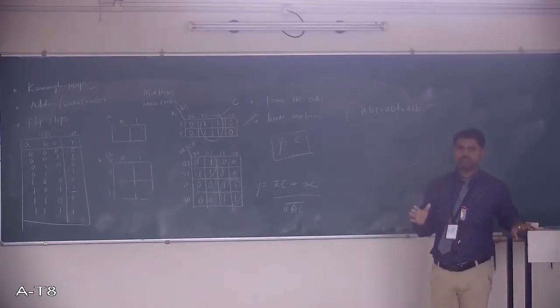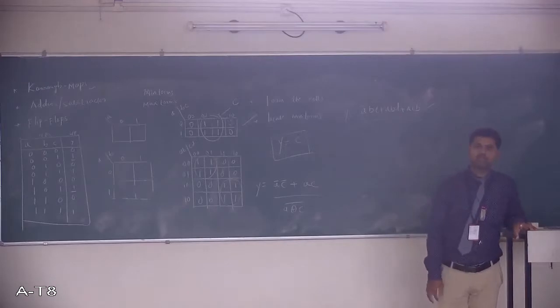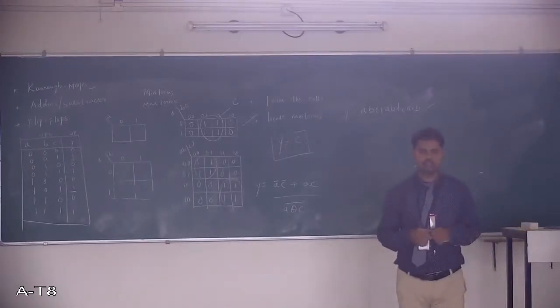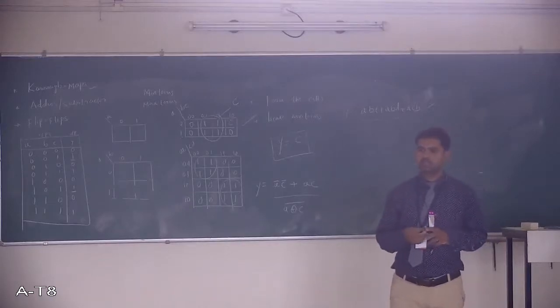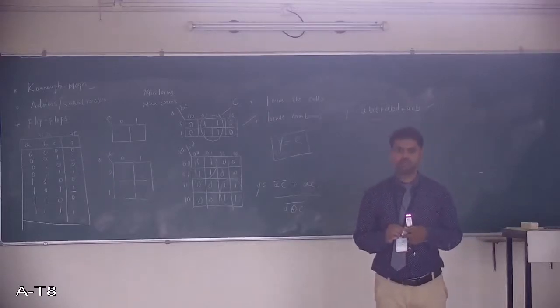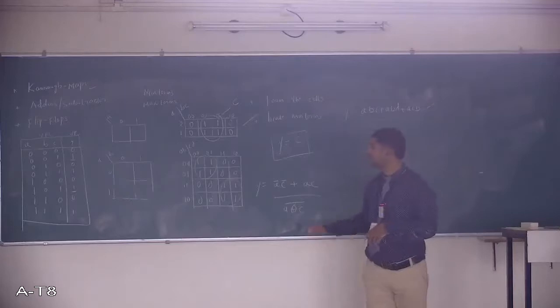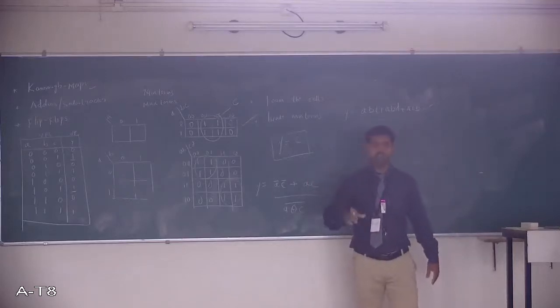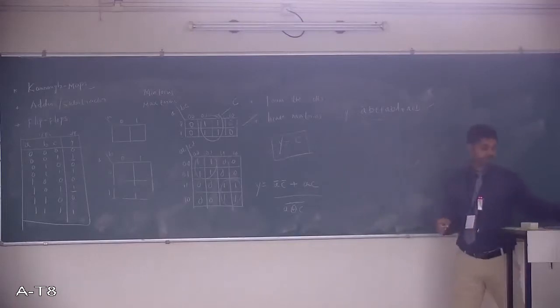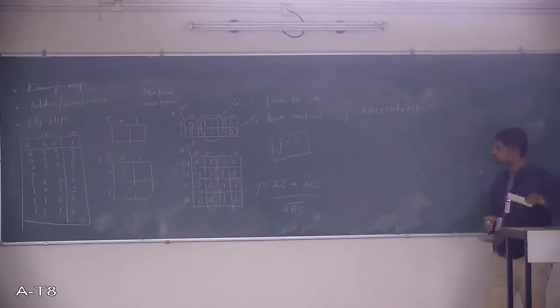If that is the case, go for grouping, extract the expression, and keep it all in one line. That is the final expression. Got this? We will do many more, different kinds of examples for this in the next semester. This is a graphical approach of reducing the expression. Any doubts? Okay.